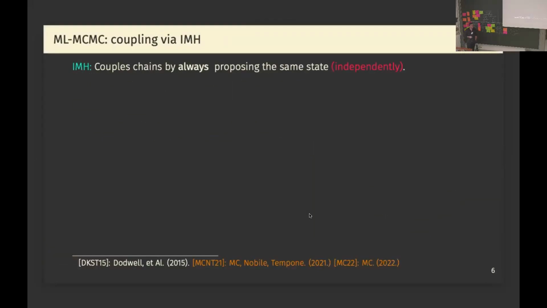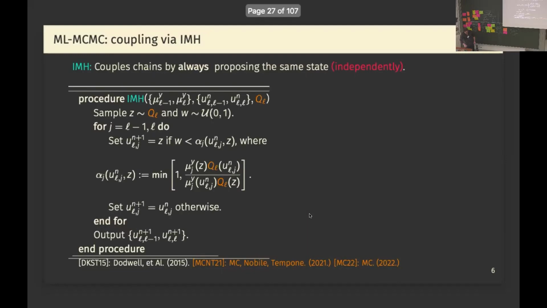Okay, so let's give a little bit of detail about the independent Metropolis Hastings. The idea here is to couple chains by always proposing the same state independently of the current state of either chain. So this algorithm is relatively simple. It looks as follows. You sample a candidate state from a proposal distribution Q, and you sample a uniform number W between 0 and 1.